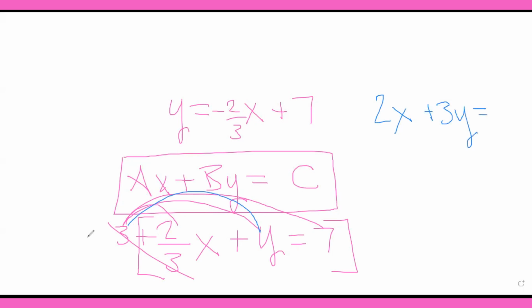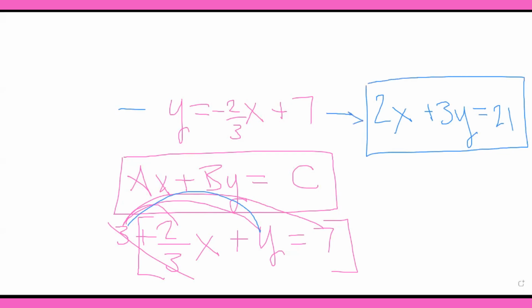And then I have to multiply the right side as well. So 3 times 7 would be 21. So this would really be the standard form of this original equation. So this would be slope-intercept, and this would be standard.